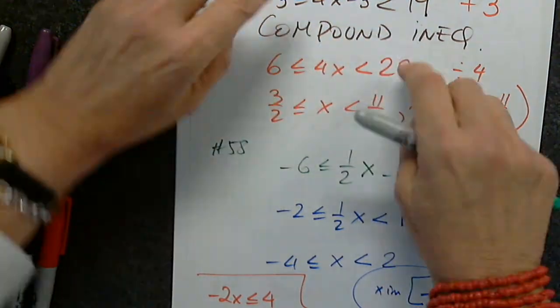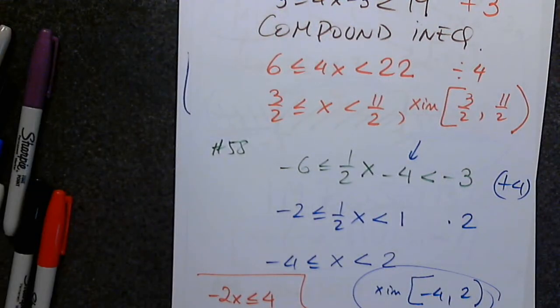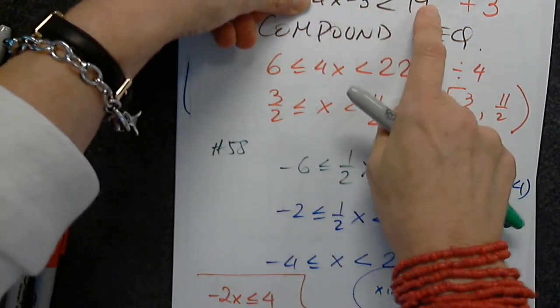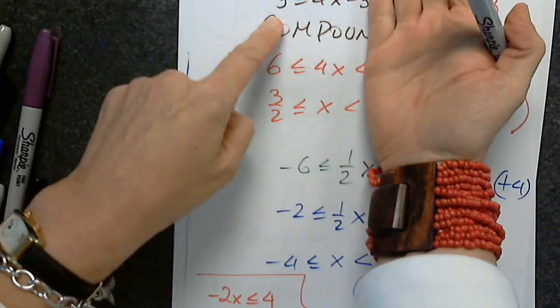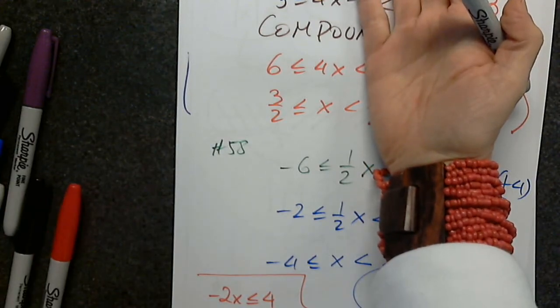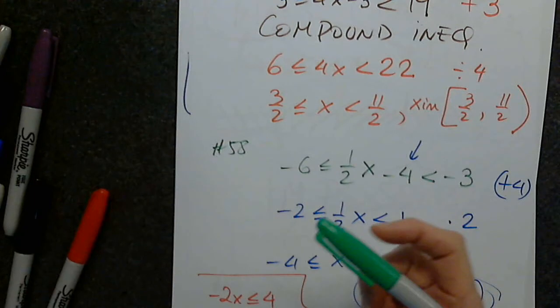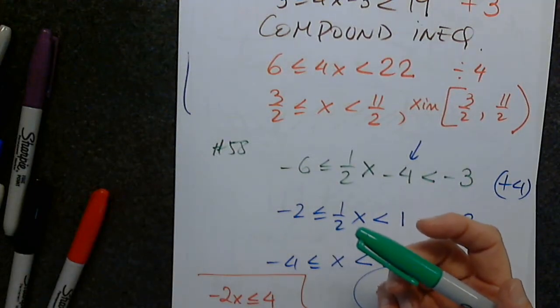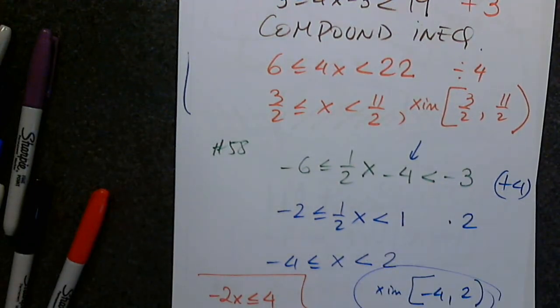If we don't do that, it's correct, but don't do it. You could solve this inequality and then solve this inequality and then intersect the solutions. It's way more difficult than just writing it and solving both inequalities at the same time. But that's when the intersection will come into play.